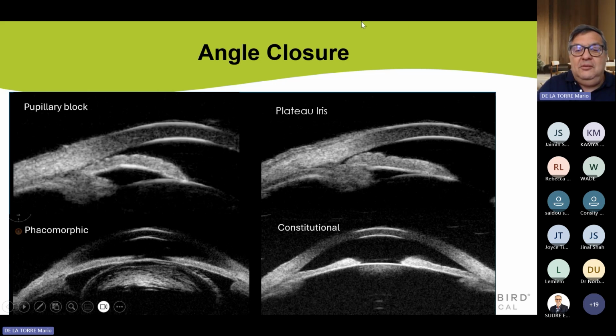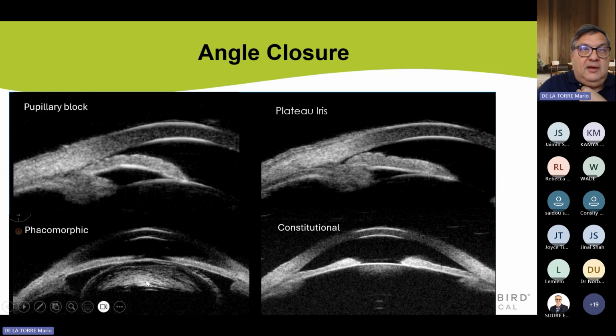But you see here that iridotomy doesn't work because there is no pressure. And it works here because there is pressure just behind the iris, and it closes. You make the communication between the anterior part of the anterior chamber and the posterior part of the anterior chamber. It releases and opens the angle.